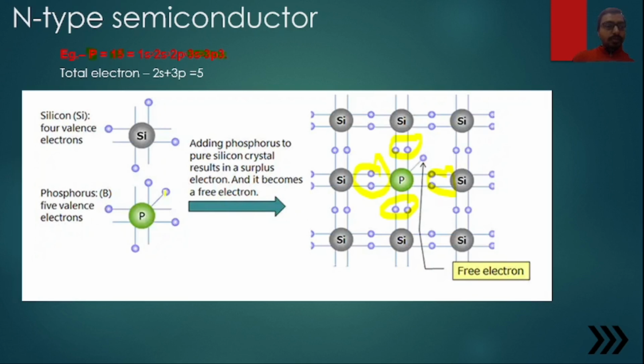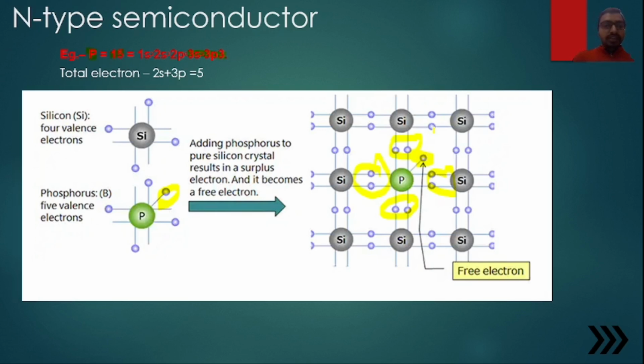Why is it left? Because we have added the pentavalent atom. So the extra electron which is left, yeah, this one is the extra electron. This extra electron will become a free electron. And that's why the free electron moves, and that's why the conductivity of the semiconductor increases here.